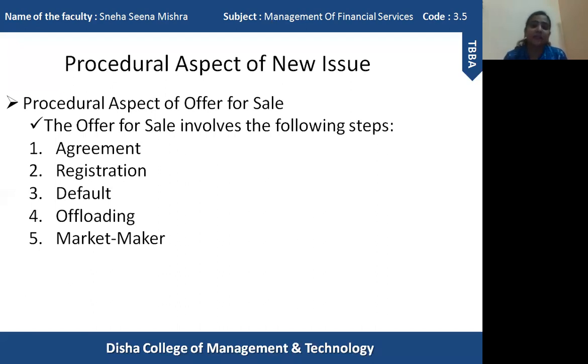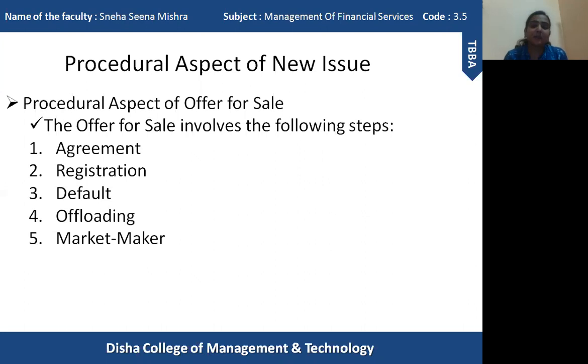Okay, the second point is called registration. In the second step, the company needs to register under SEBI, or register with the stock exchange in whose area the company is going to sell the shares. The agreement created between the company and the merchant banker needs to be registered in the specified stock exchange.